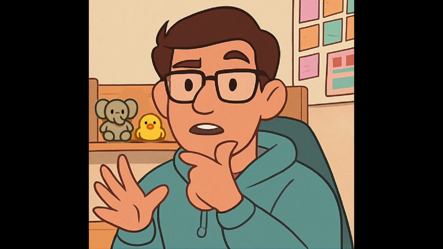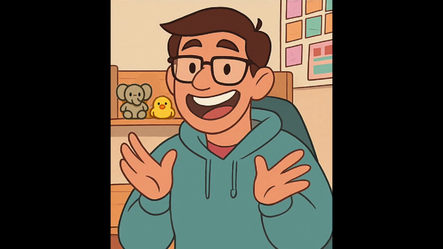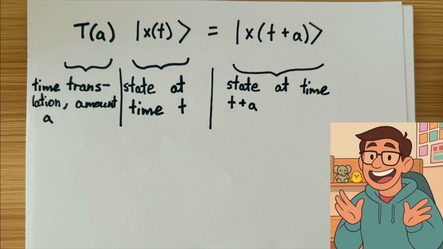So what's a time translation operator? It's an operator, as defined a moment ago, that changes the moment in time that we are interested in. You can think of it as being the mathematical representation of a remote control for the universe. This mathematical representation might look terrifying at first, but it's actually a lot simpler than you might initially assume.